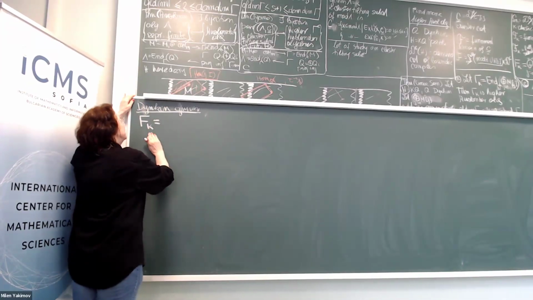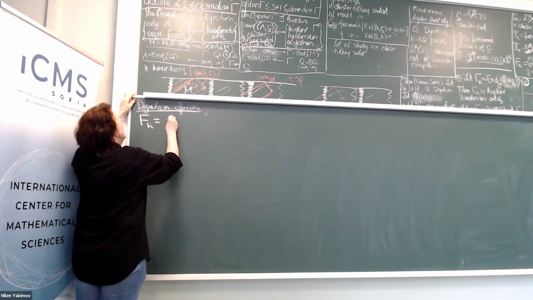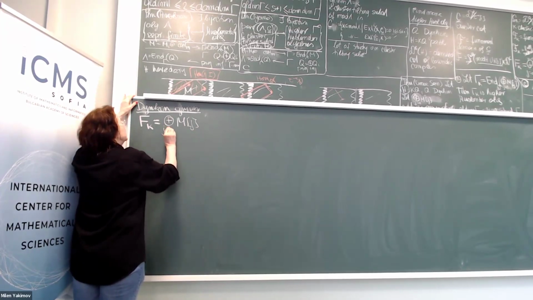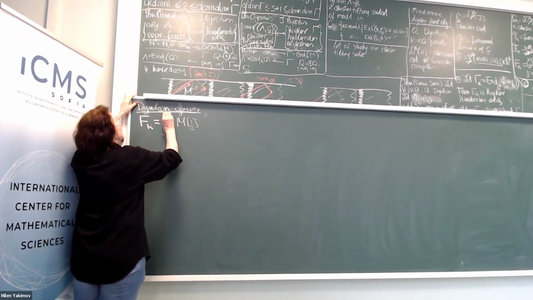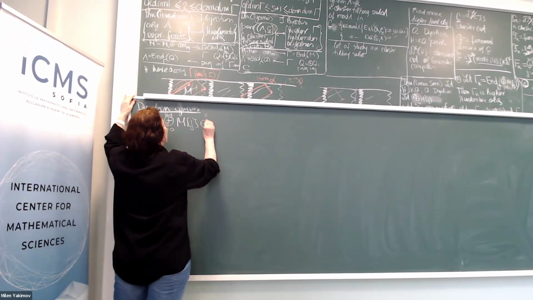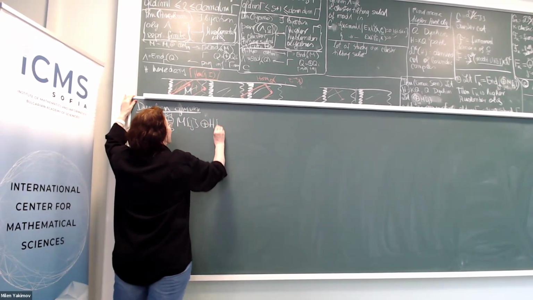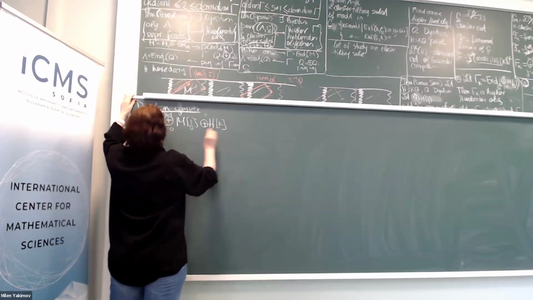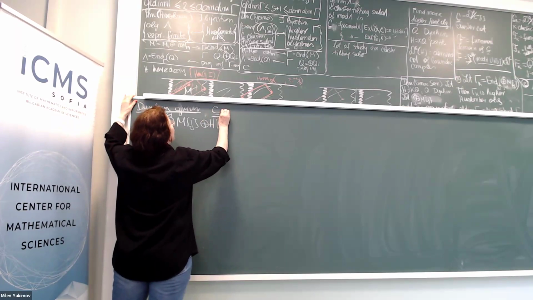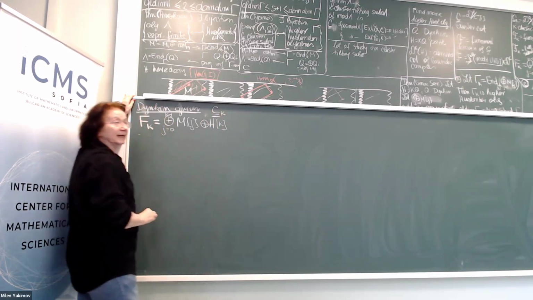Okay, so now F_K is this fundamental domain of the K-cluster category. I'm going to take F_K to be the sum of M_j, j goes from 0 to K minus 1, plus H_K. So it's exactly the fundamental domain of the cluster category C_K.